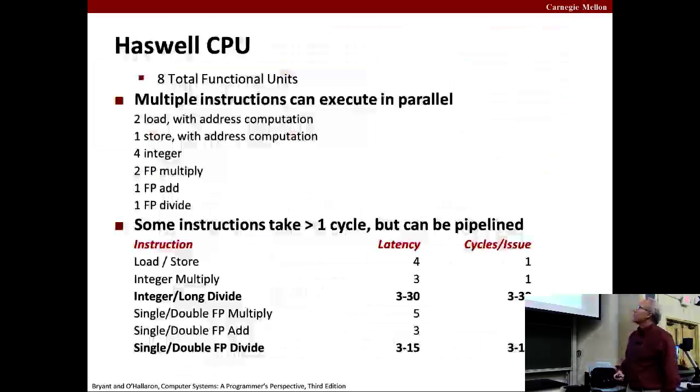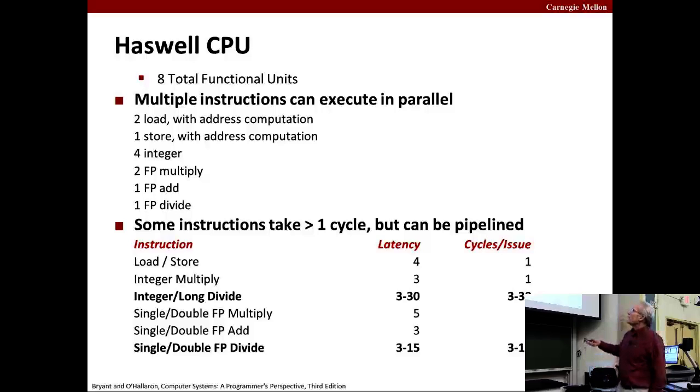And so Haswell, which is a little bit more recent than the SHARC machines, but not that much more, is one of the most recent versions of the Intel x86 series.